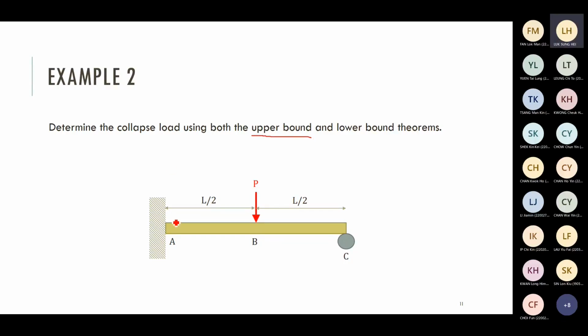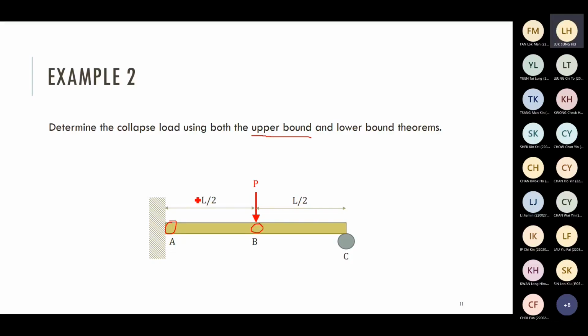Say for example, I add one plastic hinge at point A. After adding one hinge at point A, it becomes something like a simply supported beam. For a simply supported beam, you can add one more hinge, probably at the middle, point B, right?